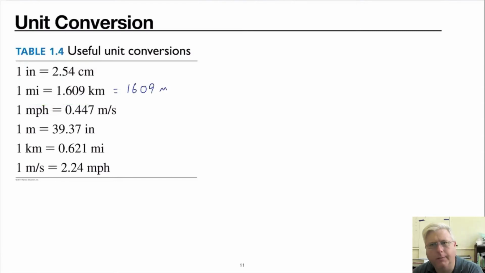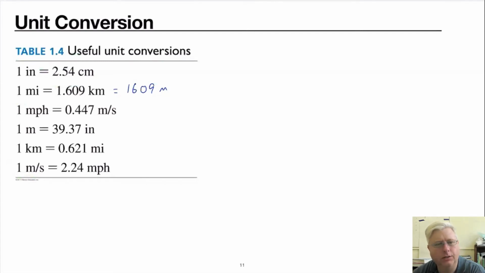That's the nice part about the metric system: it's basically just moving decimals, not some weird conversion factor. These two are probably the most useful ones. If you want to skip some steps in your assignments, some of these other ones might be useful too.